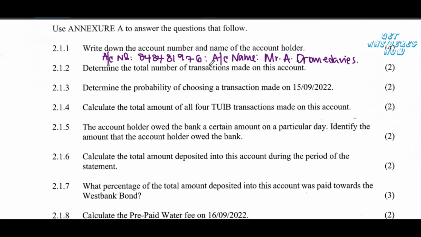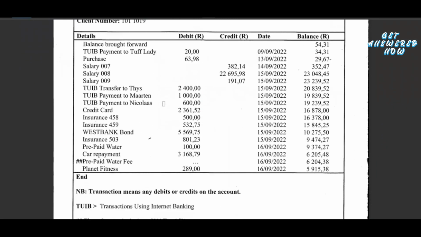So they say determine the total number of transactions made on this account. The number of transactions made on this account, we have this is a transaction. It was a payment. There's a purchase here. The transfer, payments made, credit card. Okay, this is also a transaction. The credit card took the money. Insurance again. There are two items.